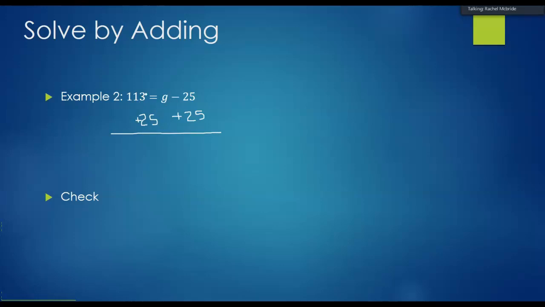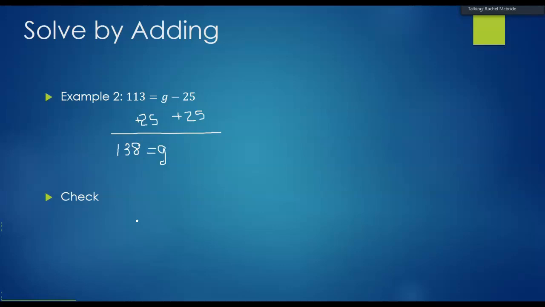Who wants to tell me what is 113 plus 25? Good. Perfect. So we get G equals 138.